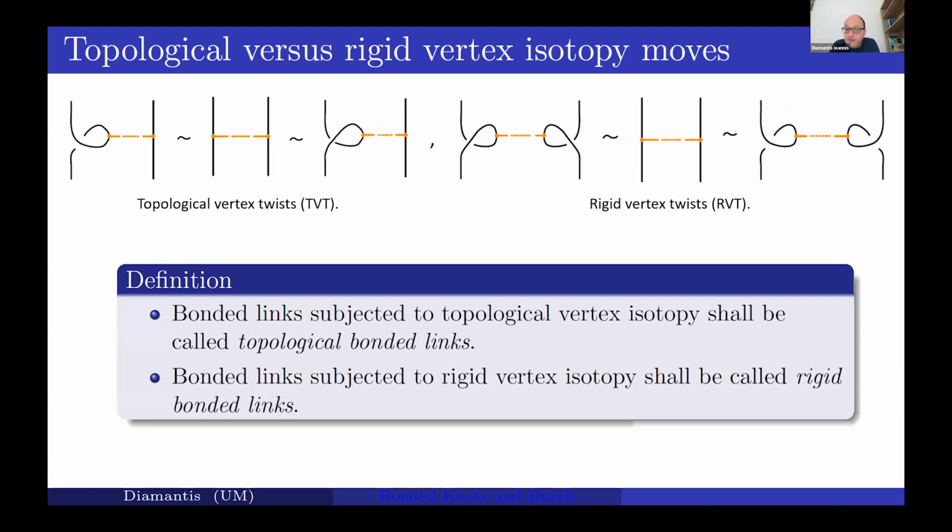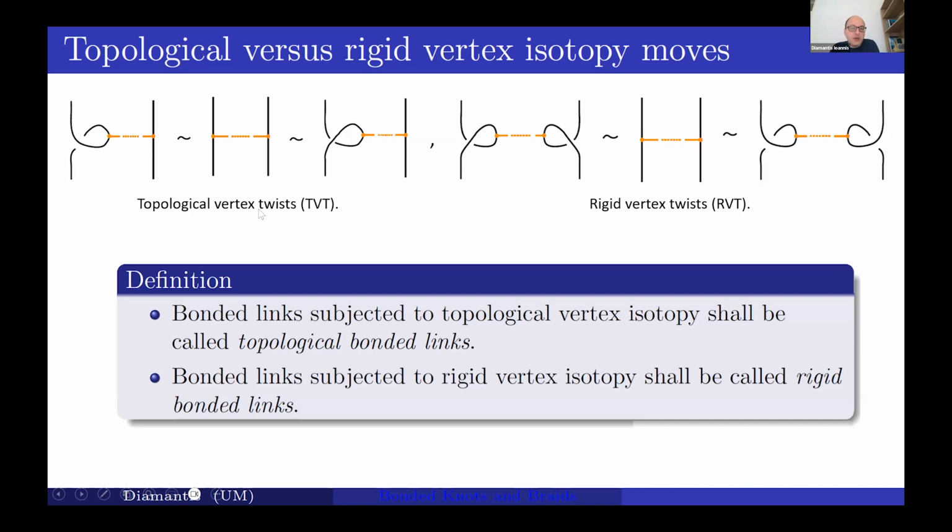First is the topological vertex twist that you see on the left, where in the middle you have the bond attached to two standard strands. And we show here that it is allowed to form a positive or a negative crossing, to have a Reidemeister 1 move on one of the two classical strands of the bonded link. If this is the case, this is called the topological vertex twist.